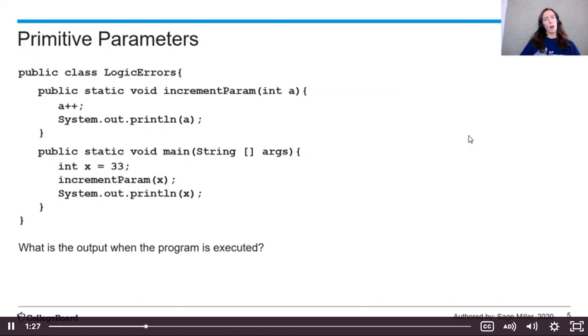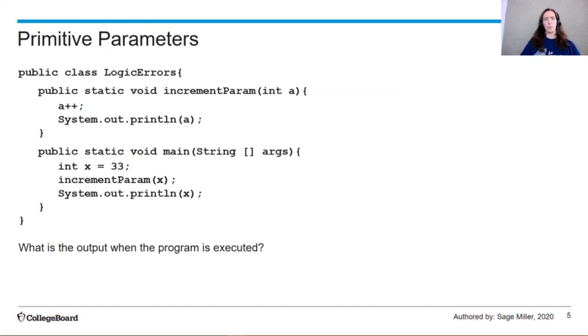Okay. Hopefully you paused the video. When we run this program, 2 variables are created, x and a. Let's look at the process. Running this program will run main first. So the first line that we'll execute is x equals 33. We create a variable in memory named x. It has the value 33. Next, we call increment param and pass in the value x. Calling increment param creates a variable a.